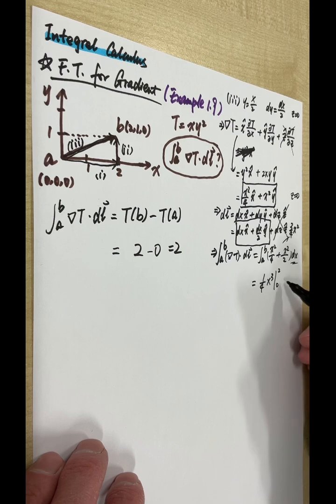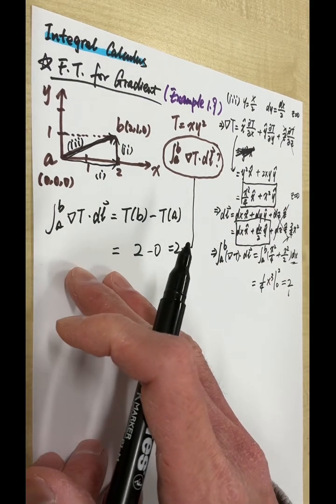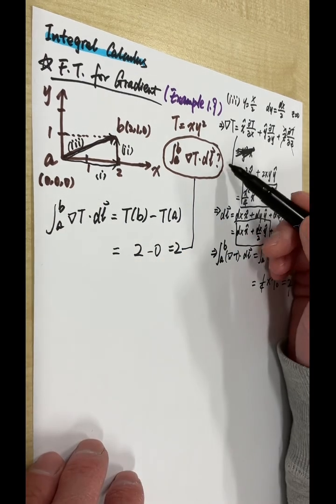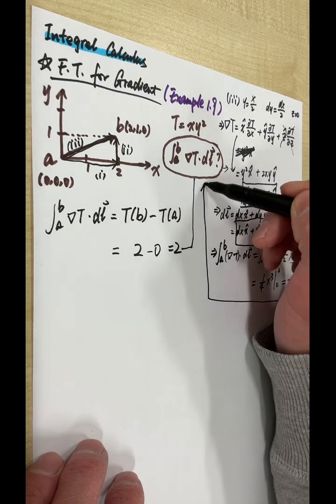Here we get this one equals 2 as well. So both the fundamental theorem of gradient and the direct calculation of the integral give us the same answer.